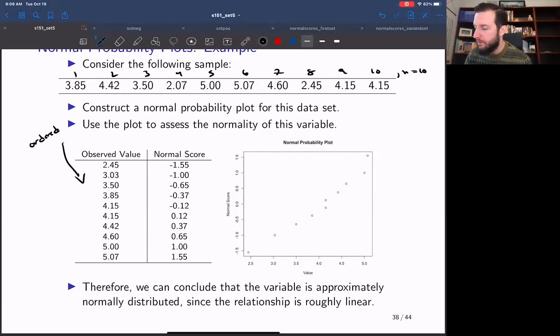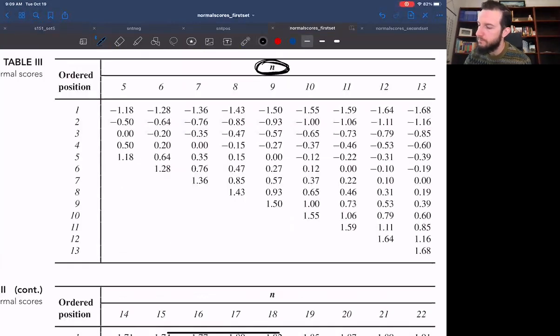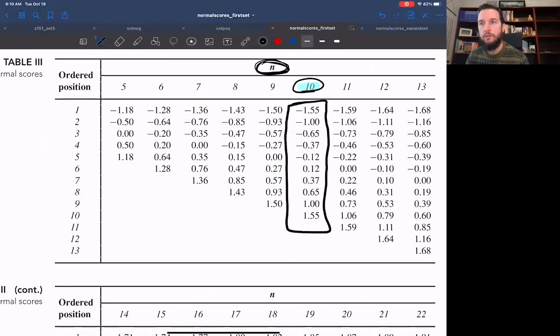Step 3, go to table 3 and look up the corresponding z-scores. Okay, so we go to table 3. We have 10 observations. So we are just taking this set of values here.